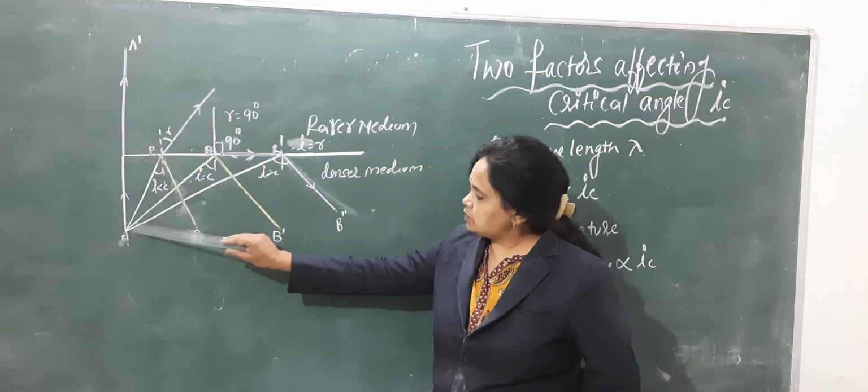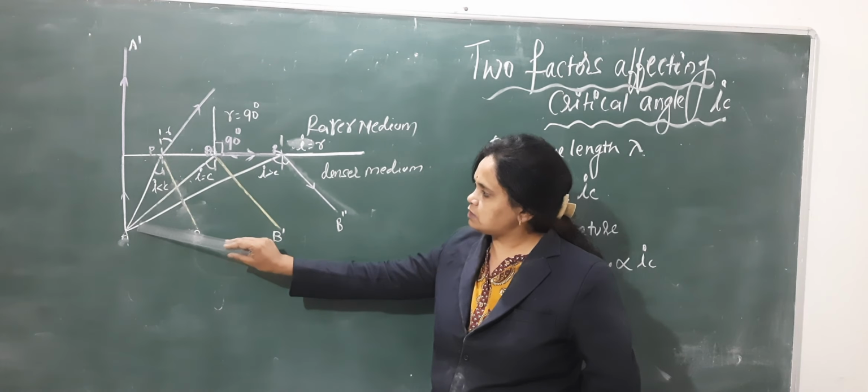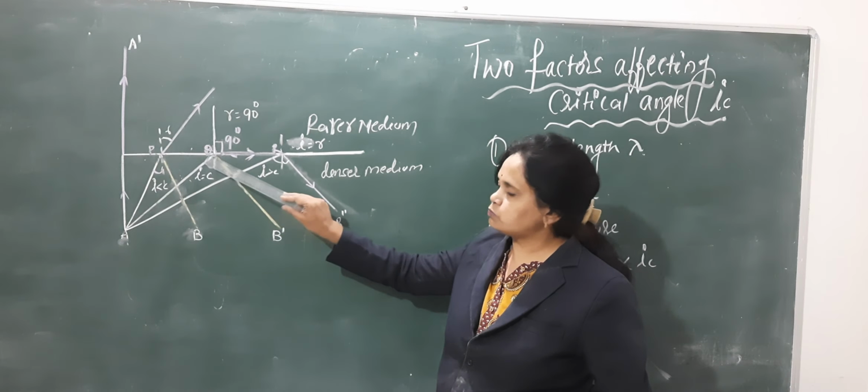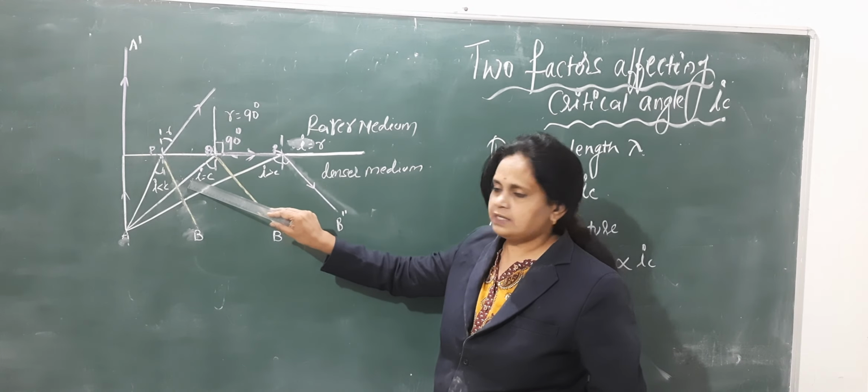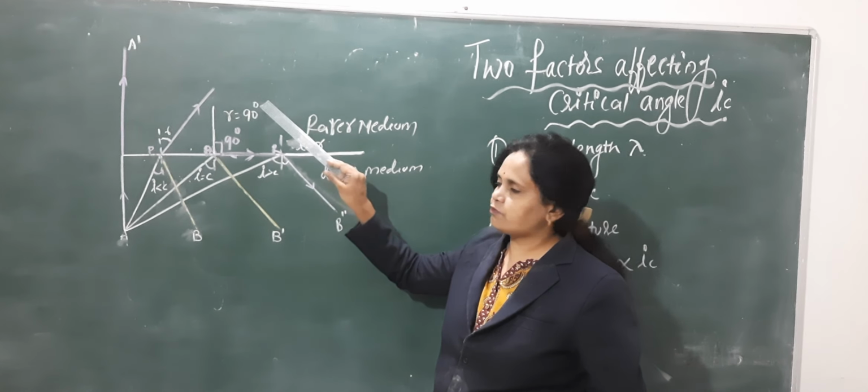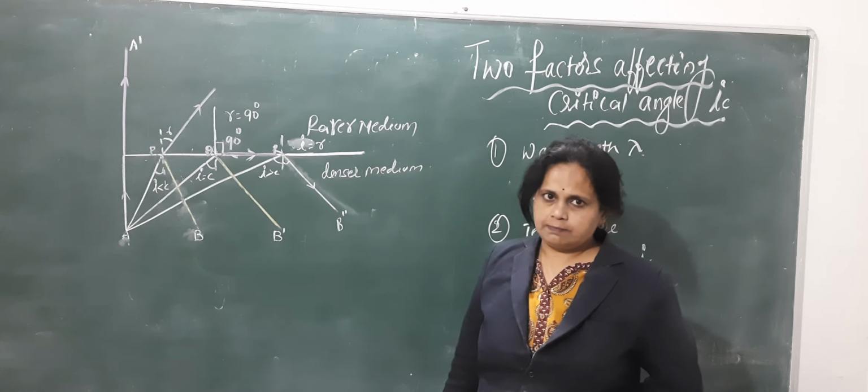Now let us go for the next situation, another ray of light which is moving more oblique than this and trying to come out from the denser to rarer medium.